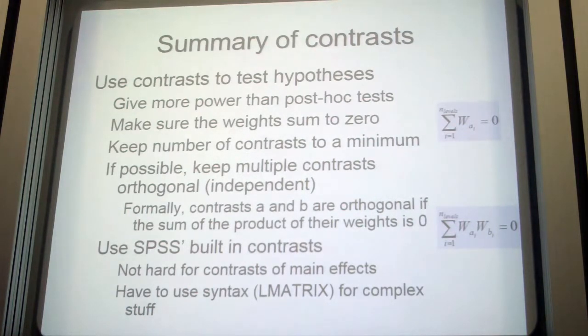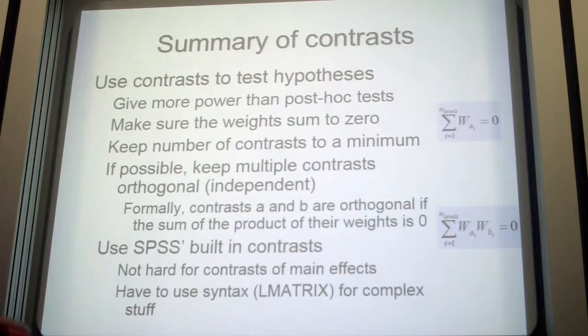You have to use them properly, but if you use just one or two, you have more ability to detect differences that exist than by using the standard post-hoc tests. You just have to make sure that all of the weights sum to 0, so that one set of means equals another set, and then you can use a t-test.